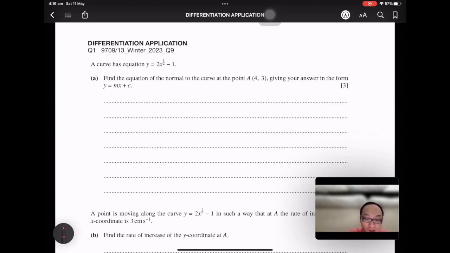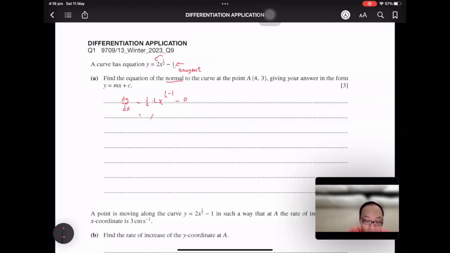So to find the equation of the normal, first we have to find the gradient of the tangent. The gradient of the tangent is the first derivative. So dy/dx, we differentiate: half times 2x to the power of half minus 1, and then 1 differentiated is 0.